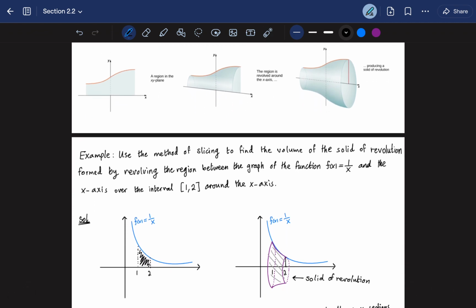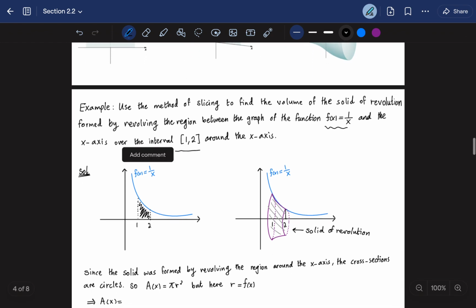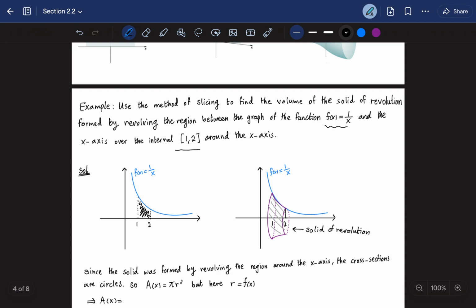We want to use, in this example, the slicing method for a solid of revolution formed by revolving the region between f of x equals 1 over x and the x-axis over the interval 1 to 2, and we want to revolve it around the x-axis. So you have a question like this. The first thing, you want to graph. I'm going to graph my function 1 over x, which looks like this, on the interval given from 1 to 2.